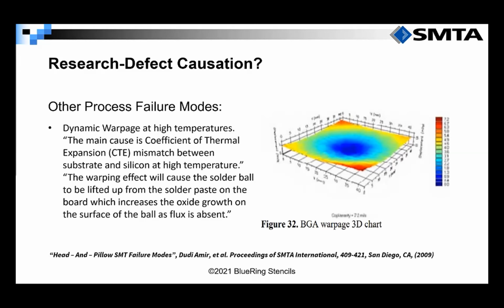Separation of the BGA balls from the solder paste allows oxides to form on the solder balls since they're no longer touching the solder paste that holds the flux. So when the package flattens out during the cool down process, flux content in the solder paste is not enough to overcome the oxide formation of the BGA balls, and that prevents the molten metals from coalescing during the cool down process.